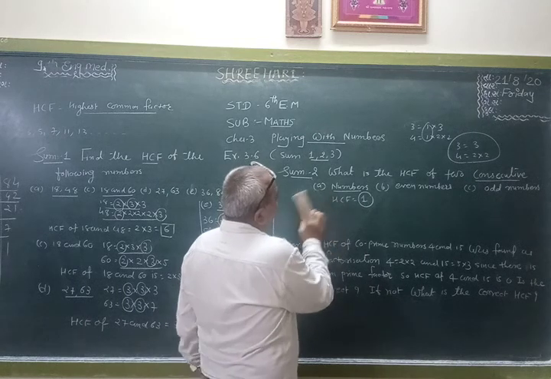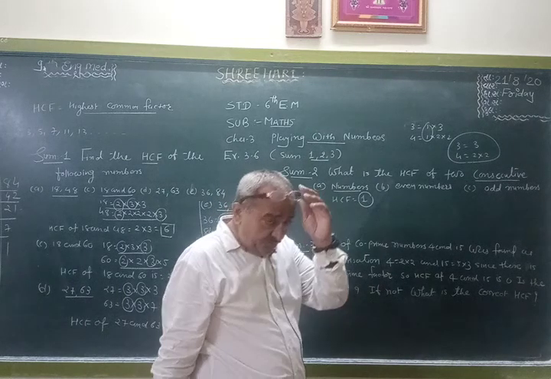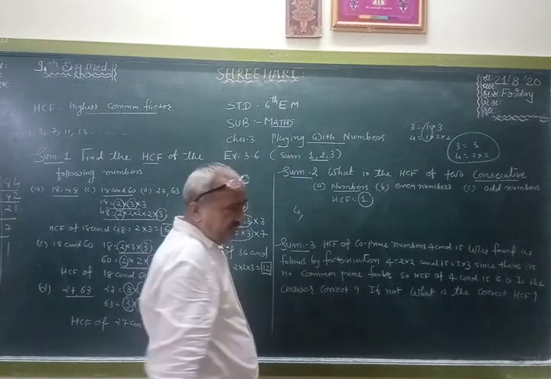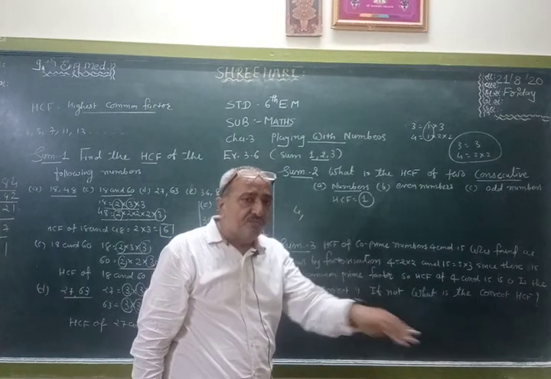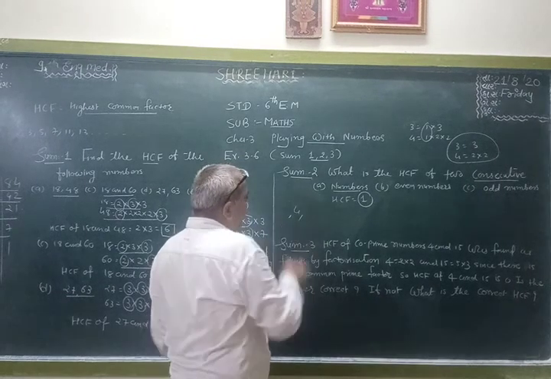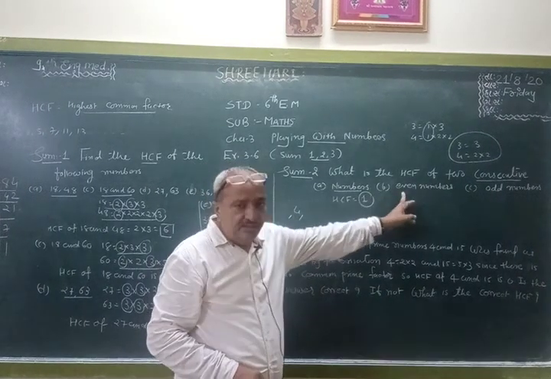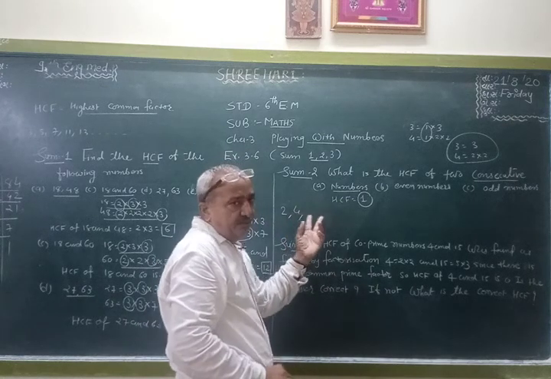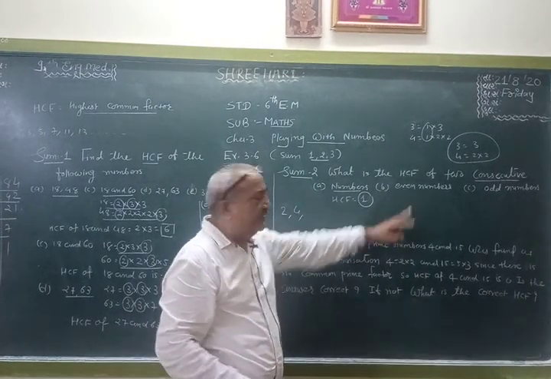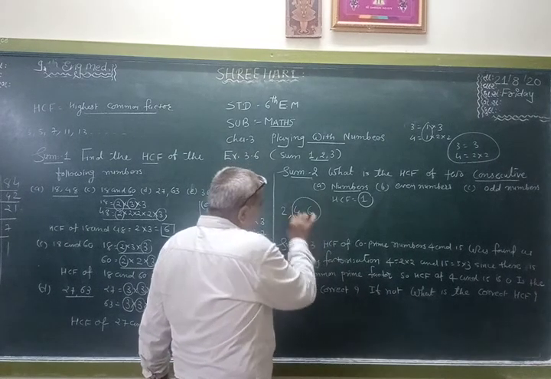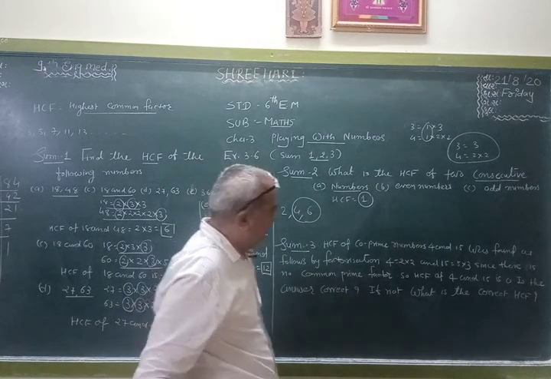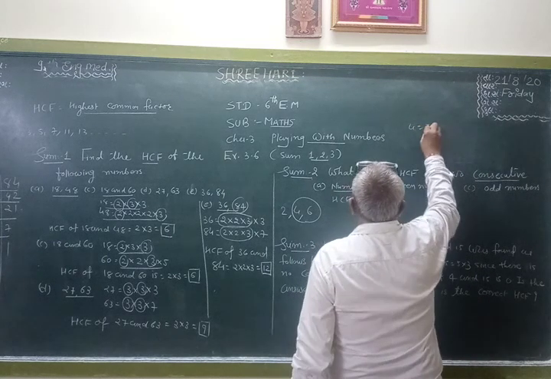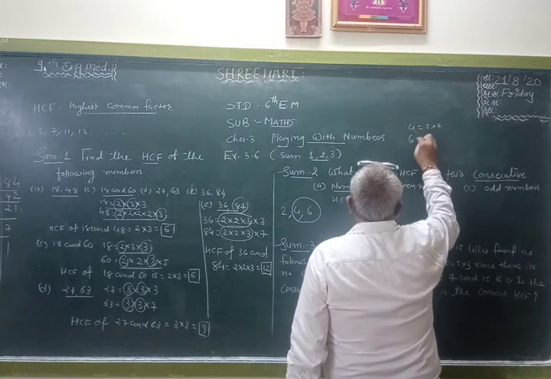Friends, now consecutive even numbers. Suppose 4 is even, then the consecutive number of 4 on this side is 3, but 3 is odd and we want even, so 2. On this side 5, but 5 is odd and we want even, so here 6. So HCF of 4 and 6: 2 2s are 4 and 2 3s are 6.